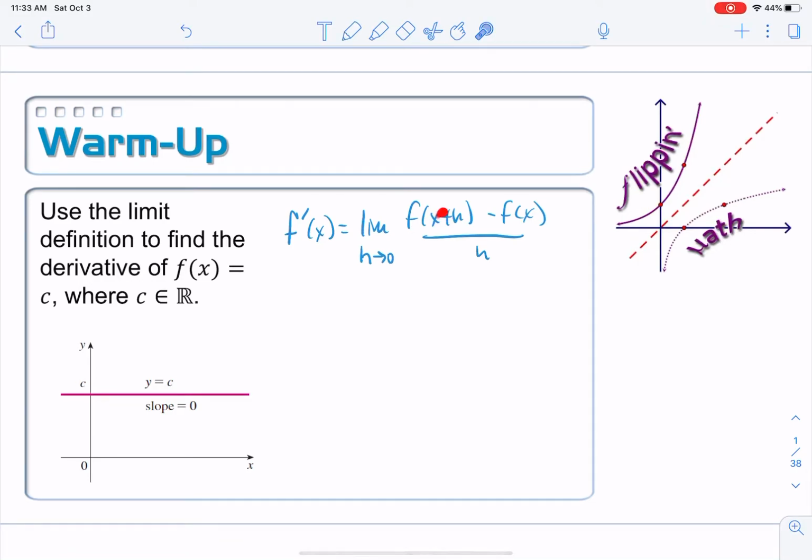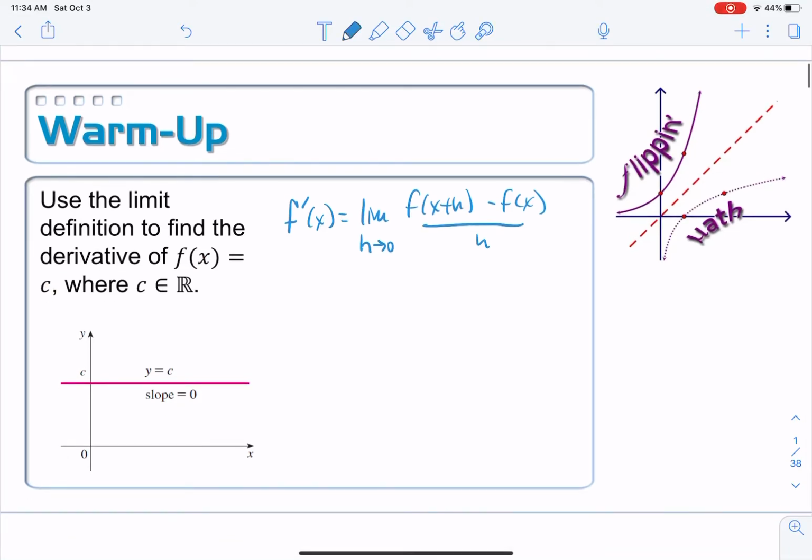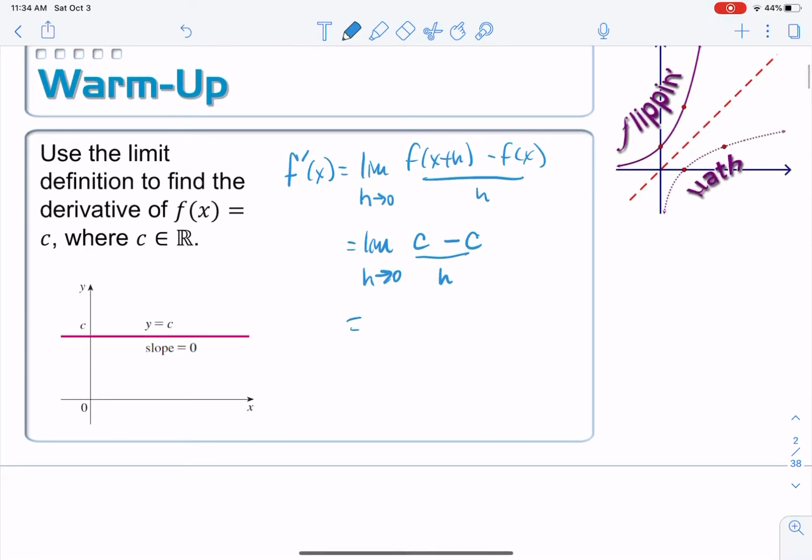And now let's go ahead and plug in x plus h into this function here. So when I plug in x plus h into this function, what spits out is a c. c minus, and then f of x is also c, and then over h. Hey, what's c minus c? I'm pretty sure it's 0.